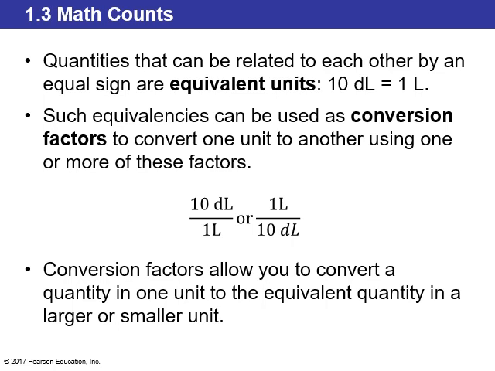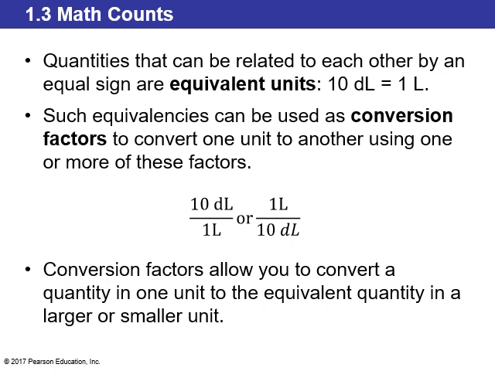Our equivalent unit is 10 deciliters is equal to 1 liter. A deciliter is a liter divided by 10, so you would need 10 deciliters to equal 1 liter. These two statements are interchangeable.